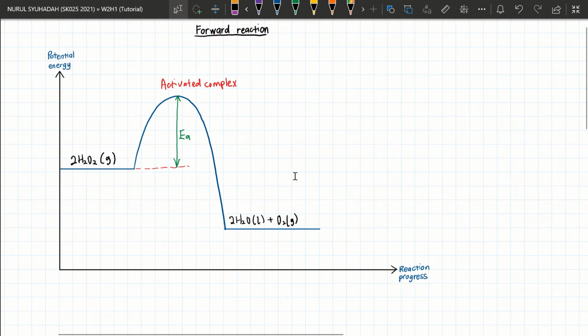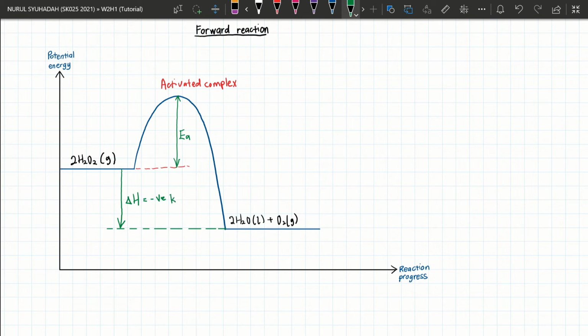Okay, so let me draw the lines. I have my lines here, and then the arrow. The arrow must be from the reactant towards the product. So a single-headed arrow going down here from the reactant to the product, and then label as delta H, and then put the value negative, because it's given to you in the question, negative kilojoule. So write according to what's given. Okay, so this will be your energy profile diagram for the forward reaction.